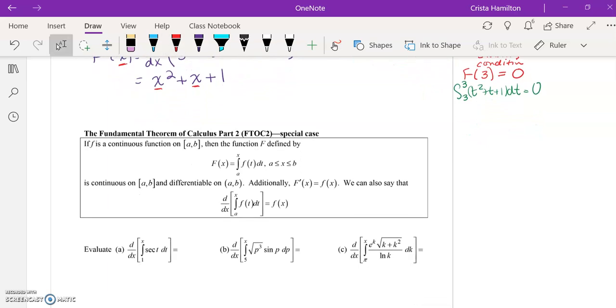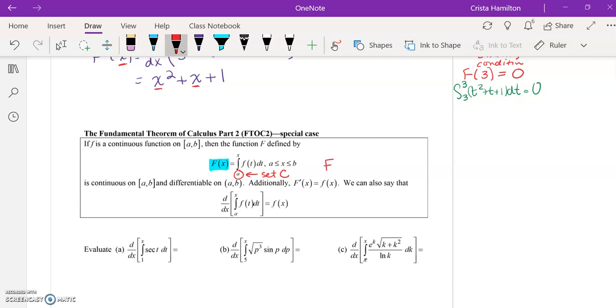All right, now we're going to come to part 2, a special case. This is very, very straightforward. It's just recapping what we did in the example above: if the accumulation function is defined with a definite integral, we don't really care where this starts; this beginning value will set the c constant in our problem.